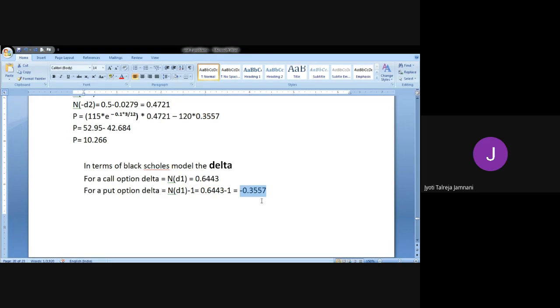Because for a call option we do S naught minus E, and for a put option we do E minus S naught. So this is how delta helps us find by how much the value of the option will increase or decrease if the stock price increases. If the stock price increases by 1 rupee, your call option value will increase by 64 paise. If S naught increases by 1 rupee, your put option value will decrease by 35 paise. This is how you need to interpret delta.